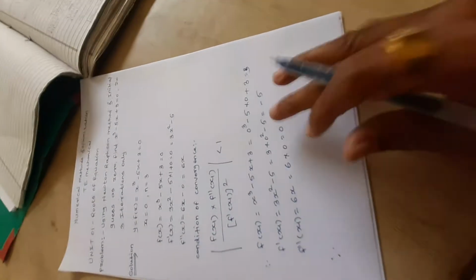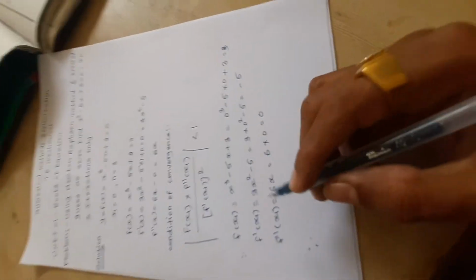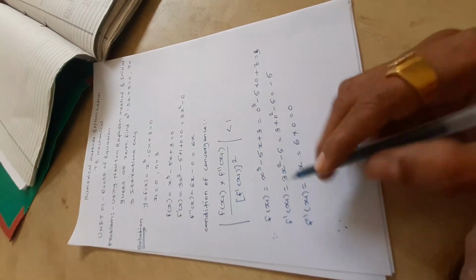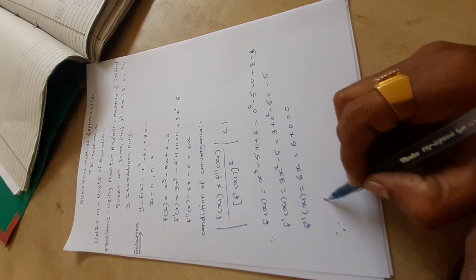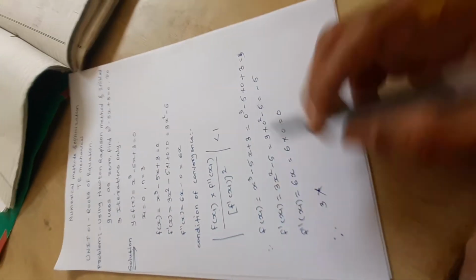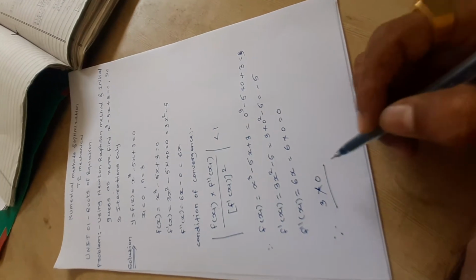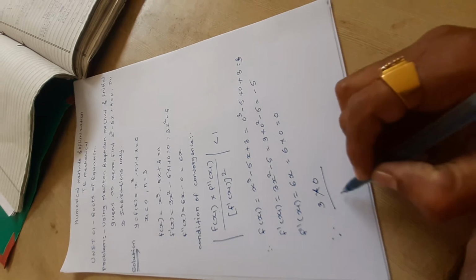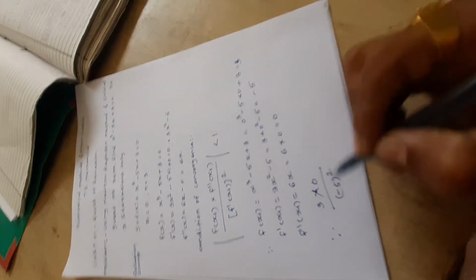So just put these values in the condition of convergence. We'll get f of x1, that is 3, into f double dash of x1, which is 0, upon f dash of x1 square, that is minus 5 square.